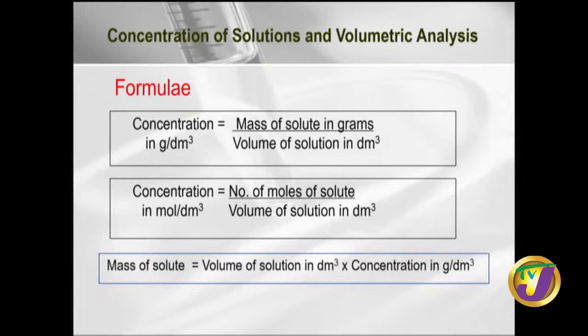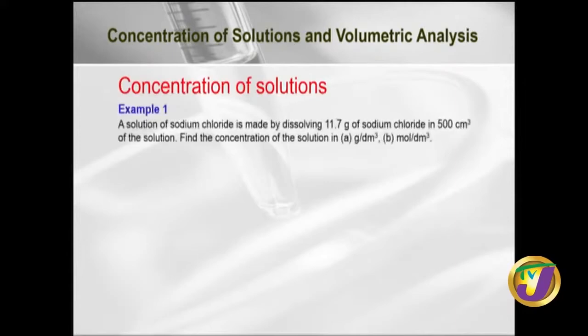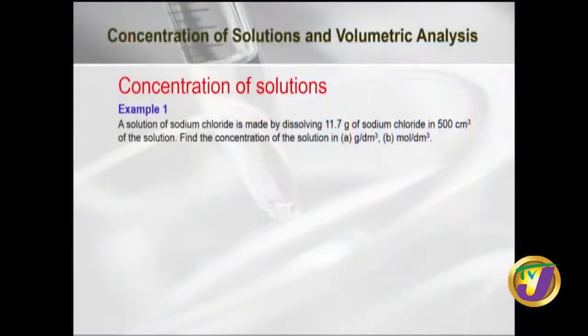All right. So we have something exciting planned for you today. Before we get into the little experiment, let's do one calculation. The question says a solution of sodium chloride is made by dissolving 11.7 grams of sodium chloride in 500 cm cube of solution.